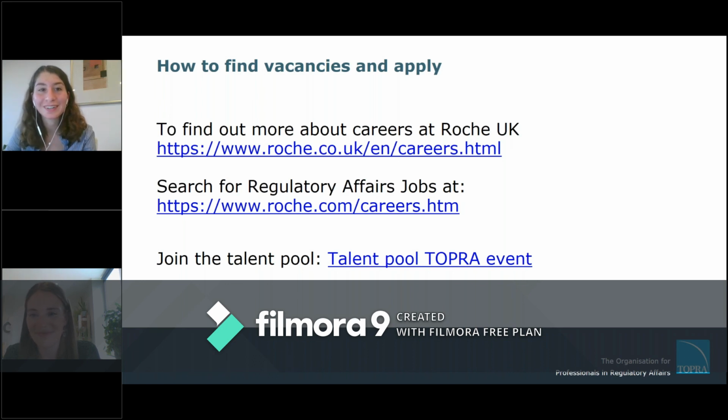So there's many different options. There's a ladder there. Okay, and this will be the last question. How diverse is the regulatory affairs team in terms of age group? Oh, no, there's one more after that. So how diverse is the RA team in terms of age group? In terms of age group? Yeah.